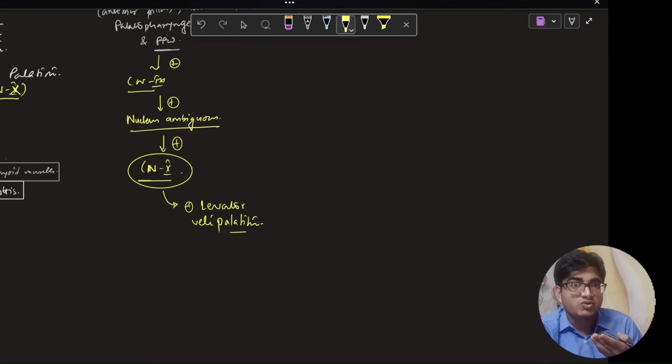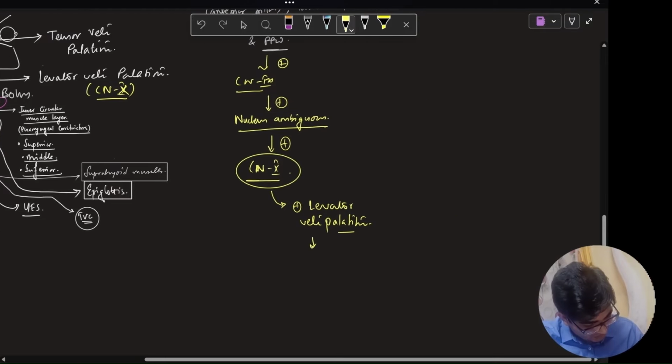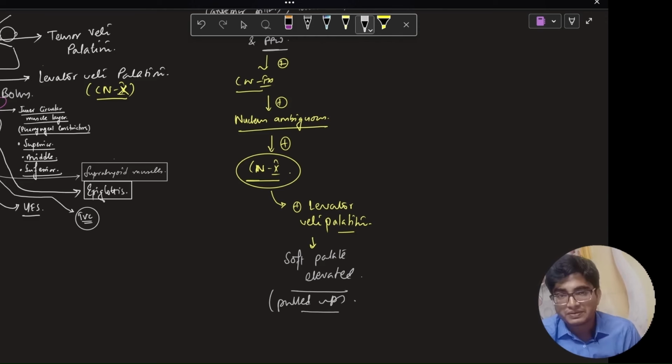So what does it do? Obviously it will cause elevation of the soft palate, so the soft palate is elevated, or you may say pulled up. Correct?